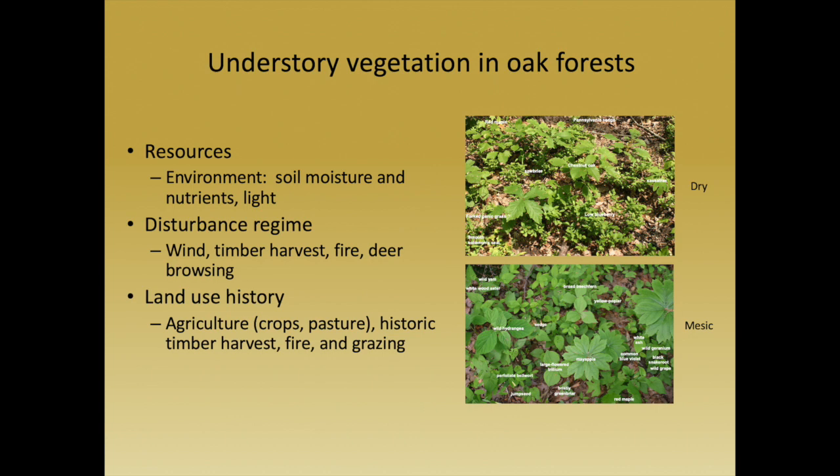It's also what's been the recent disturbance regime. Has there been any timber harvesting or natural canopy disturbances? What's the deer browsing pressure? All of that really affects that understory vegetation layer. And then there's also that long-term land use history. Was it ever farmed in the past? What was the historic harvesting and grazing and fire? So there's really a lot of factors that go into that site's potential to have a rich understory vegetation.